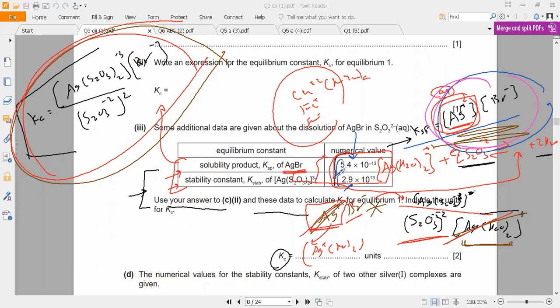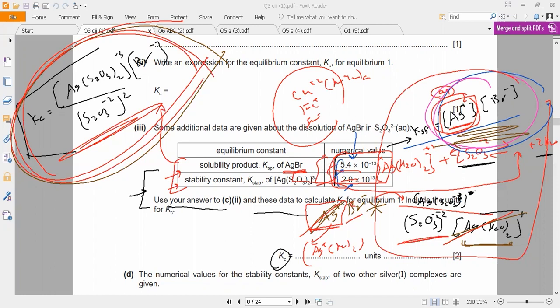How do you know? You try to multiply their equations by each other until you get the original equation of that specific case. If multiplication doesn't work, you use division. You divide one by one, or this one by this one, or this one by this one, until you get a similar equation to this.